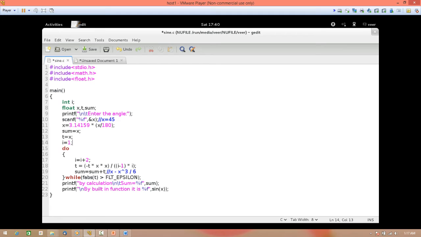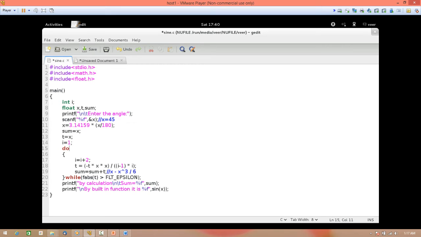Next we have a do while loop because we want to keep on adding the new terms. First term is x, we need to find out what would be the second term, and after getting the second term we need to add it to some variable. So we need a loop which performs the addition of the individual terms in the series.